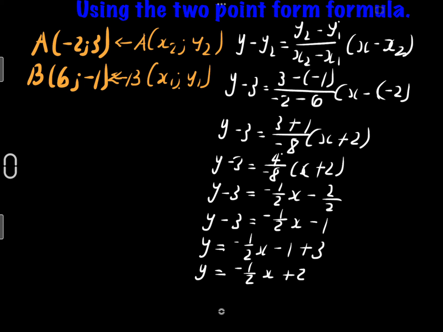And then that is the final answer for our given coordinates. So we have devised the equation using the two-point form formula for our given points, which is A, where x is negative 2 and y is 3, and then B, where x is 6 and y is negative 1.